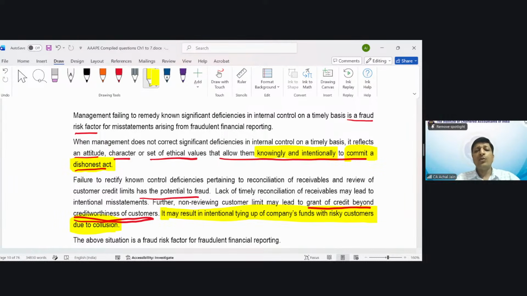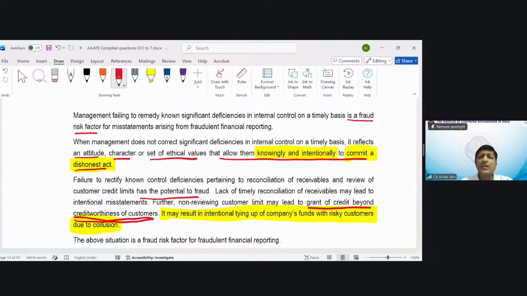Failure to rectify known control deficiencies pertaining to reconciliation of receivables and review of customer credit limits has the potential for fraud. Lack of timely reconciliation of receivables may lead to intentional misstatements. Yes or no?